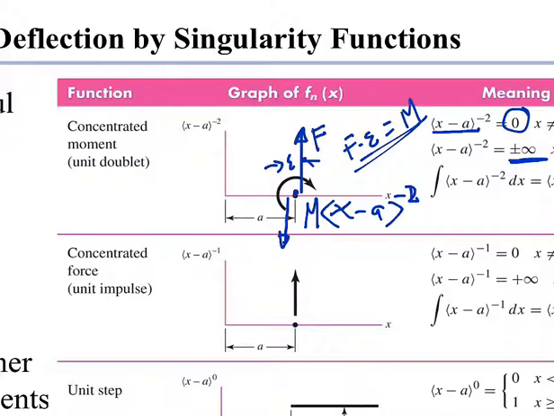The property of this function is that the integration over all space of the doublet is equal to the delta function. The delta function is x minus a, also using angular brackets, raised to the minus 1. So this is a delta function, and this is a doublet. So the integration of a doublet is equal to the delta function.